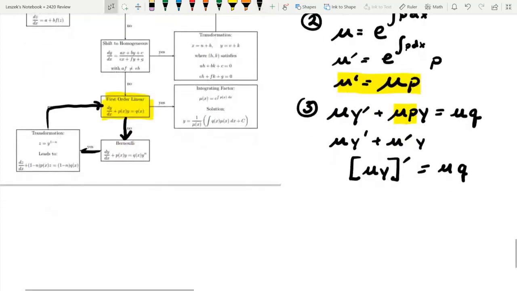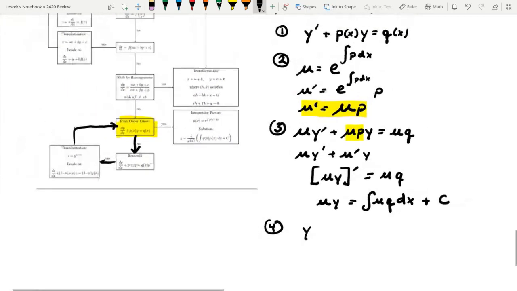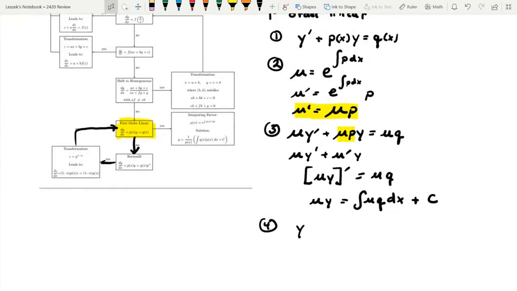Okay. And then of course to solve for y we would unprime the thing, so we want to anti-differentiate both sides. And don't forget the constant of integration. And then finally you divide by mu. So some people kind of skip the part 3. As soon as they know how to identify the integrating factor, they know that at the end of the day, y would be equal to this.